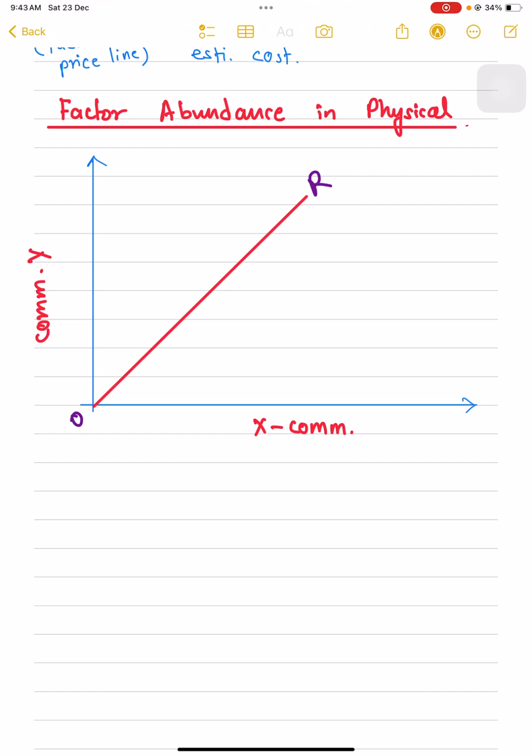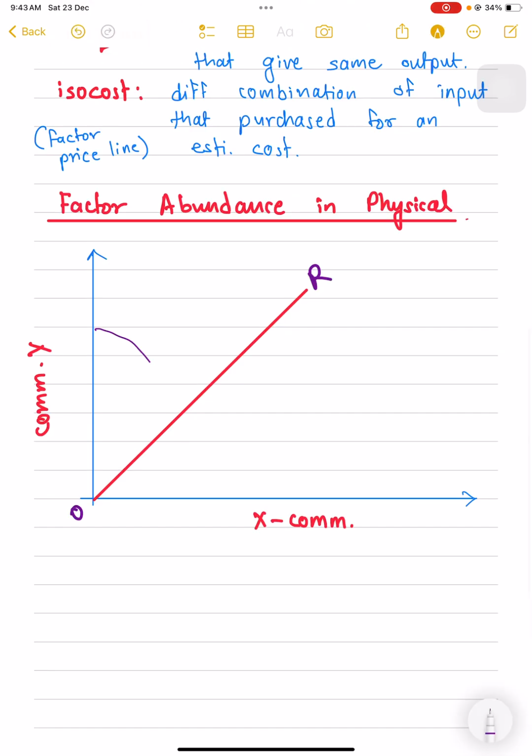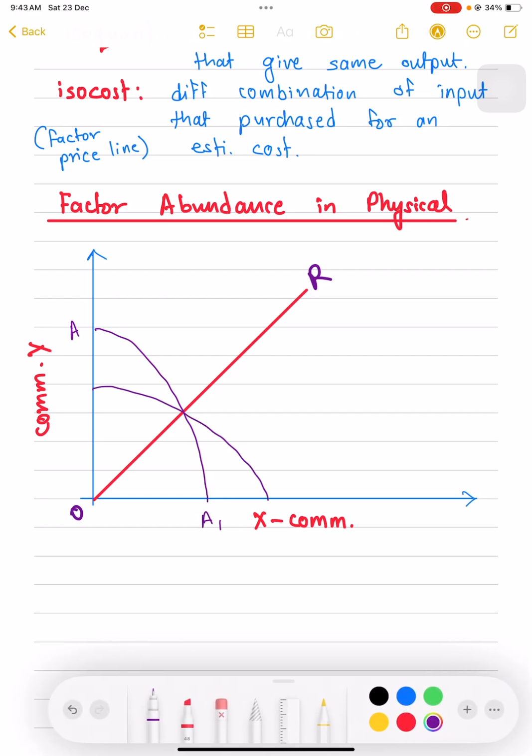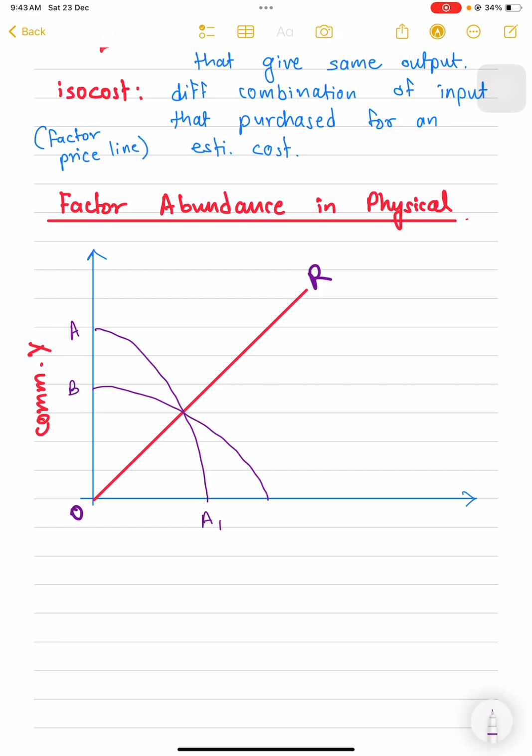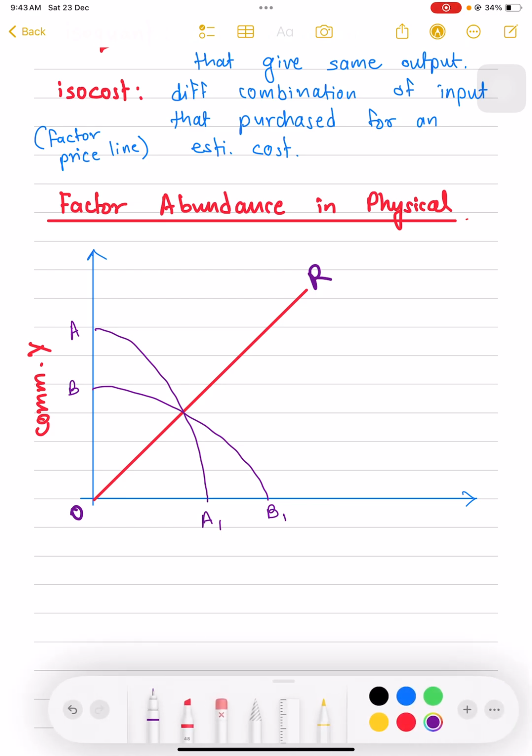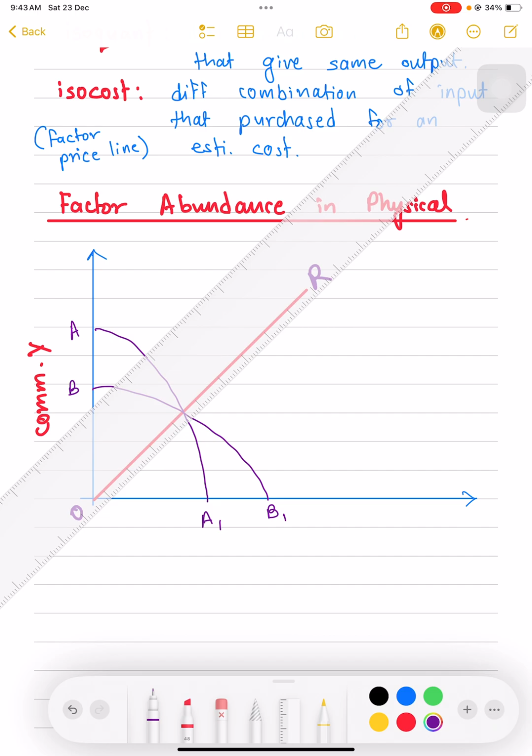AA1 is the production possibility curve of country A, and BB1 is the production possibility curve of country B. Okay.